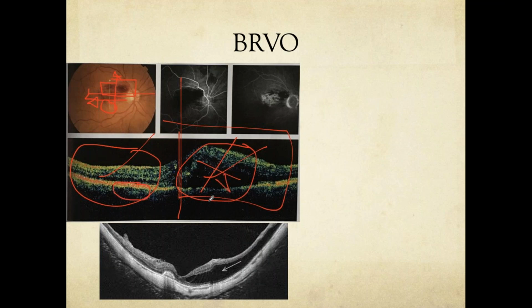I don't see any layers here. The hyperreflective materials are better here, but I cannot distinguish anything over here. So this is the importance of the direction of scanning, whether you want to scan horizontally or vertically.